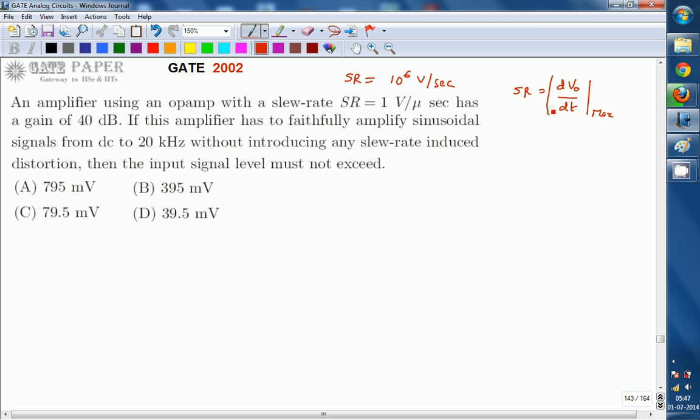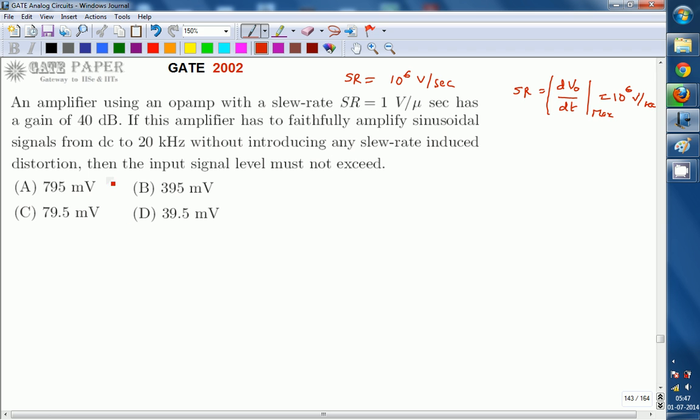Now this given value is 10 power 6 volts per second. If you are applying sinusoidal signals from DC to 20 kHz, the maximum frequency you are applying is 20 kHz and the minimum frequency is 0 Hz, since DC is 0 Hz.